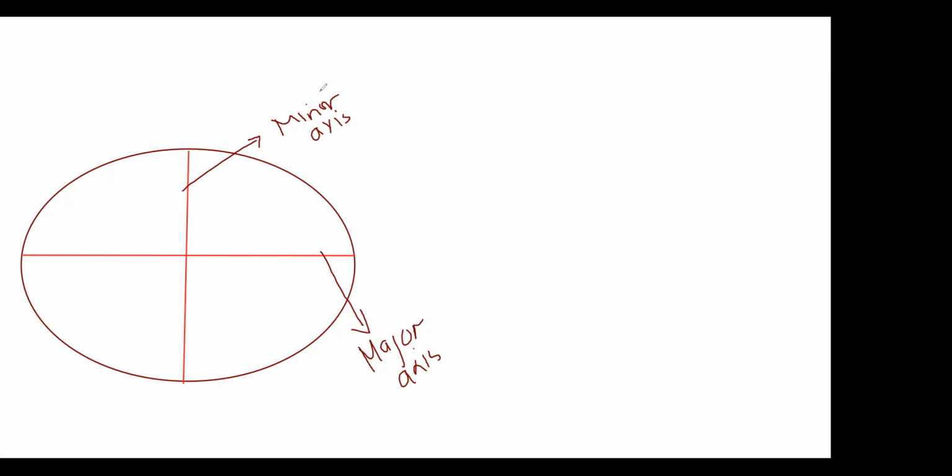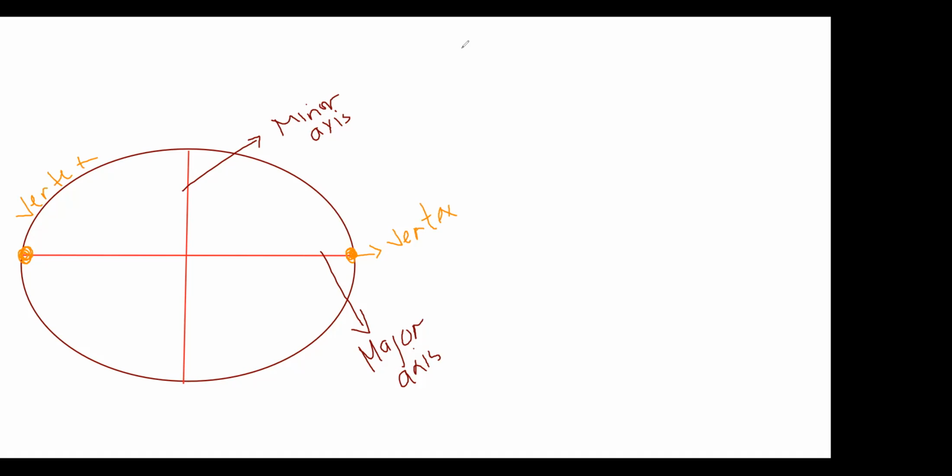Now, the greatest one, which is the major, has endpoints. As you know, any line segment has two endpoints. On the major axis, the two endpoints of the major axis, we name the vertices.